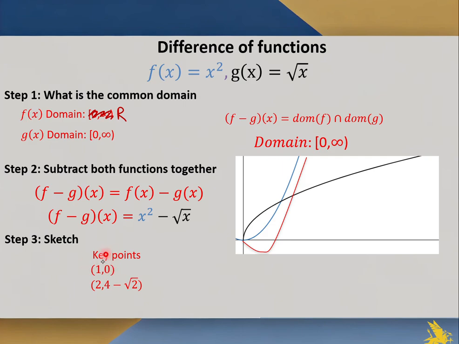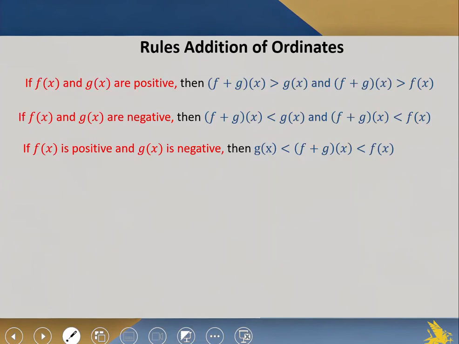These key points will come across on a graph as well, and being able to place those points on. So I do encourage you to also find a couple of key points to help you, but you should be able to visualize where the graph is going to be. So the rules of addition of ordinates: if f of x and g of x are positive, then they're both going to be greater than the previous graphs of g of x and f of x.